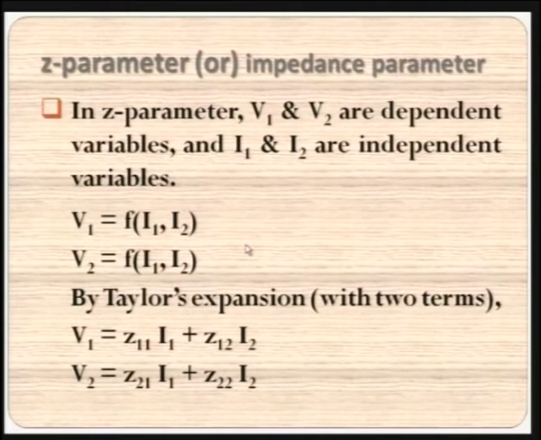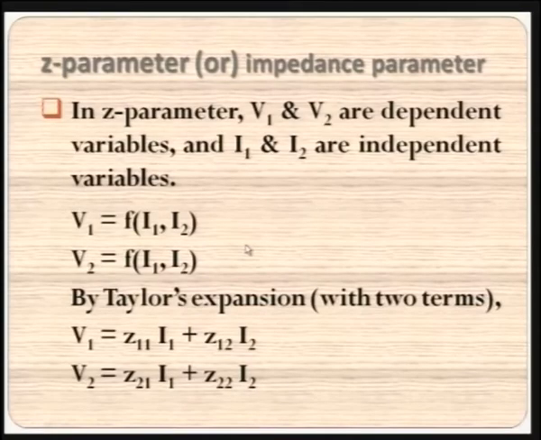Now, we can take the partial derivatives of these functions and try to find out the dependence factors, how the left hand side term depends on the right hand side term. If you want to independently find the relation, we need to differentiate and then find the terms. But for that we will normally use the Taylor's expansion or Taylor's series.